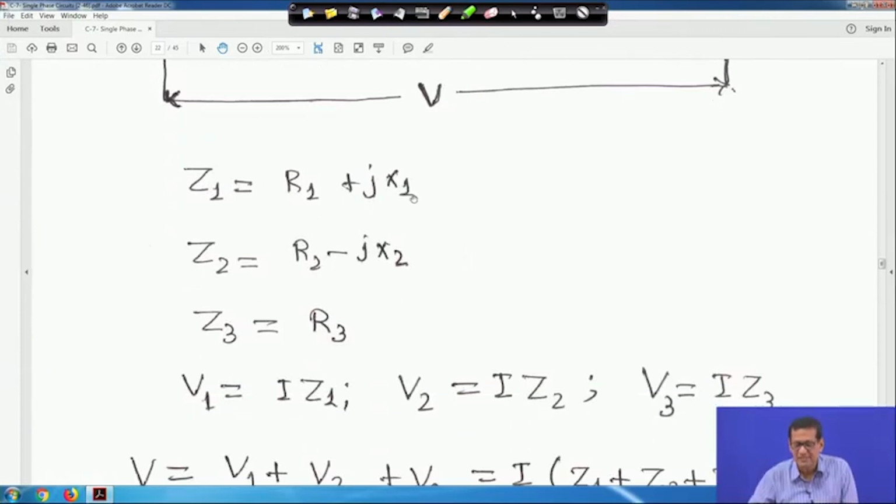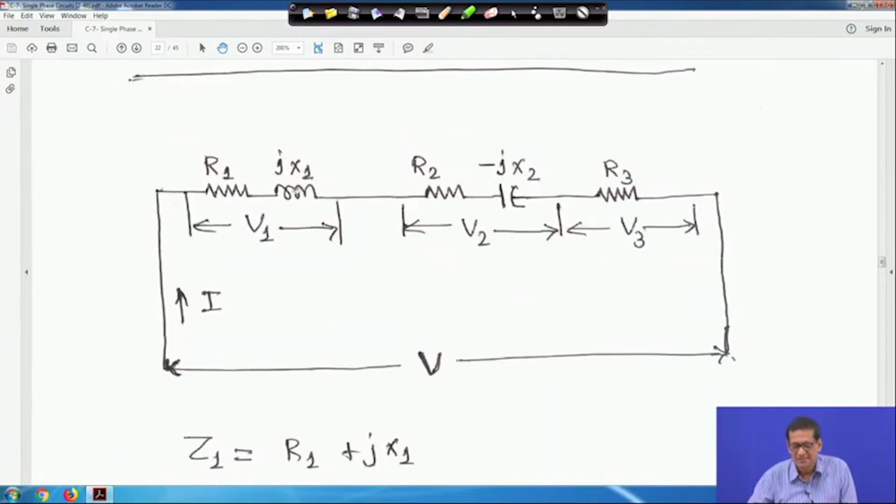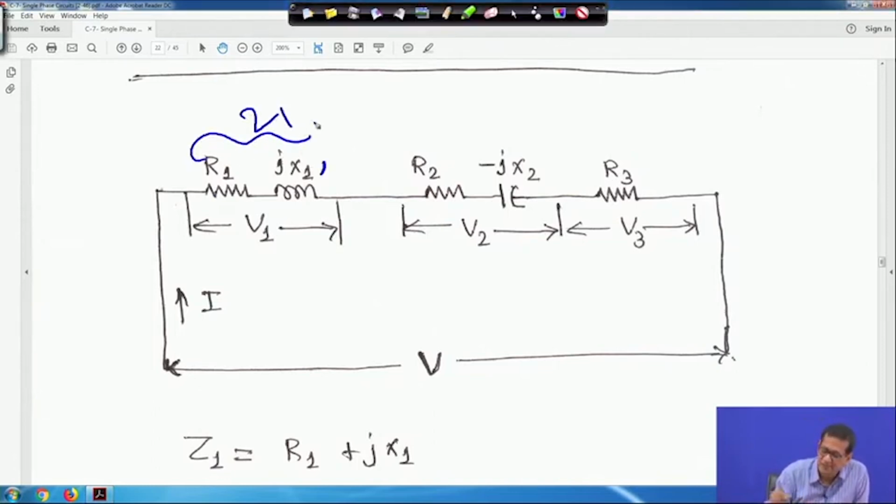So Z1 we are taking as R1 plus Jx1, Z2 as R2 minus Jx2, and Z3 is equal to R3. Although it is R, we will write Z. Everywhere we will not put a bar now, we will put simply Z and I and V. I and V are phasor quantities, and Z is a complex quantity.